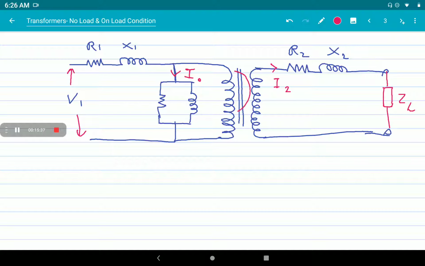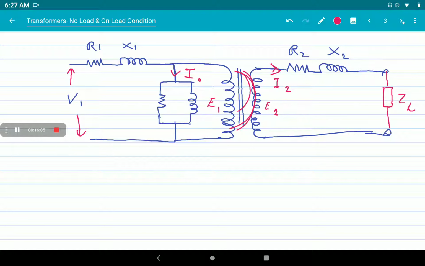That flux will link with the secondary also, and that means it induces an EMF E1 in the primary winding and a mutually induced EMF in the secondary winding. So when the circuit is closed by connecting a load, there will be a current flow I2.